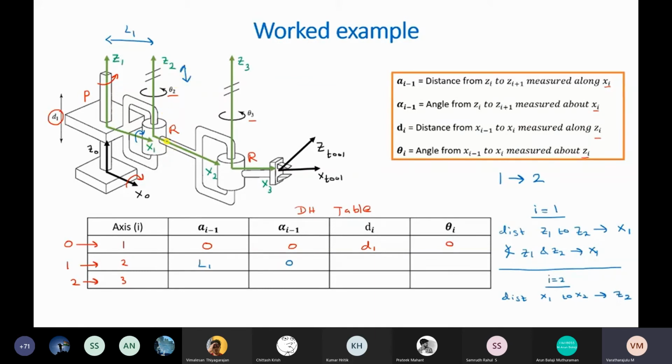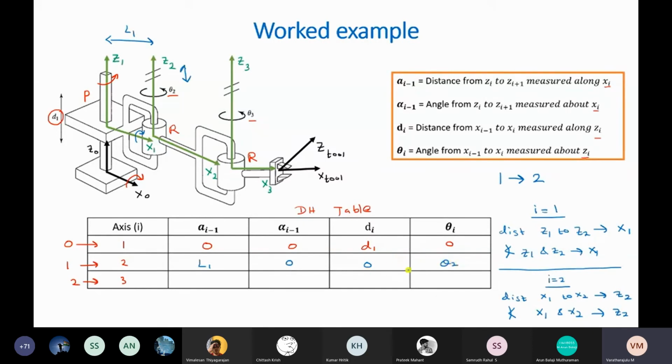There is no vertical displacement, so this is 0. For theta_i, the angle between x1 and x2 about z2, so the angle x2 rotates away from x1 about z2, and this angle would be theta 2.